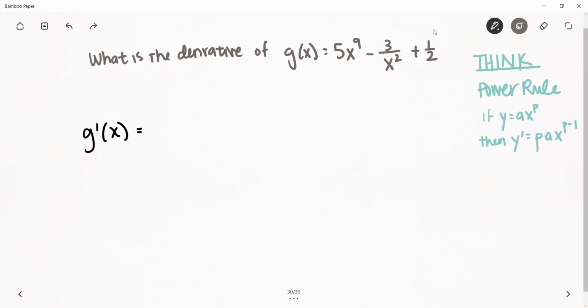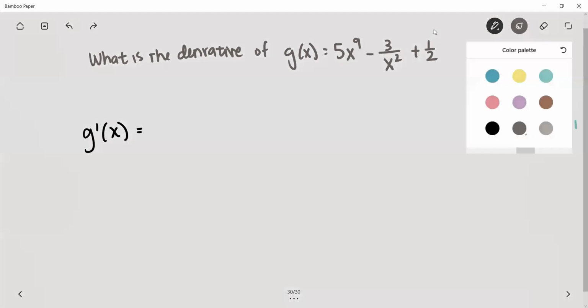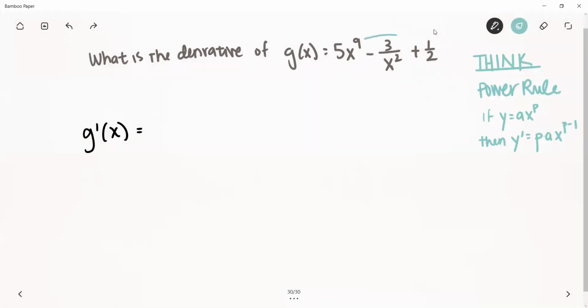This is a number 3 divided by x to some power. So I'm not quite thrilled about this. And I want to ask myself, can I rewrite it? Can this term be written? The answer is yes. I could think of this as -3 times x to the -2.